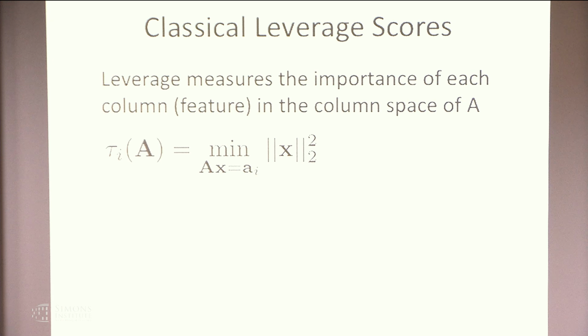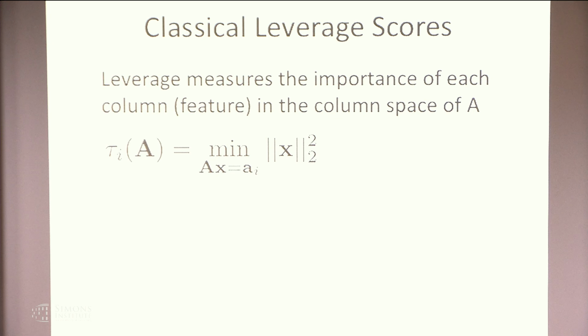So classical leverage scores, or the leverage scores that were first introduced in the literature, measure the importance of each column, which in my case is a feature, in the column space of A. And so this is a really nice intuitive definition, which some people in the audience, Cameron and Chris, are part of introducing.